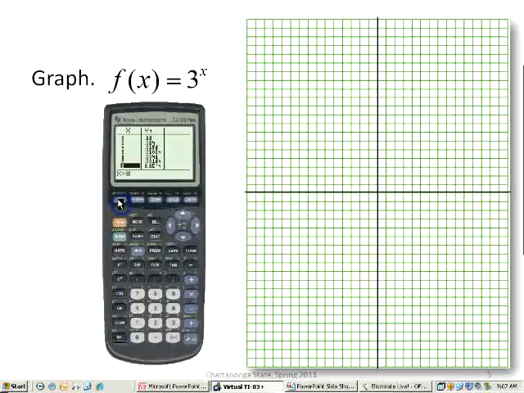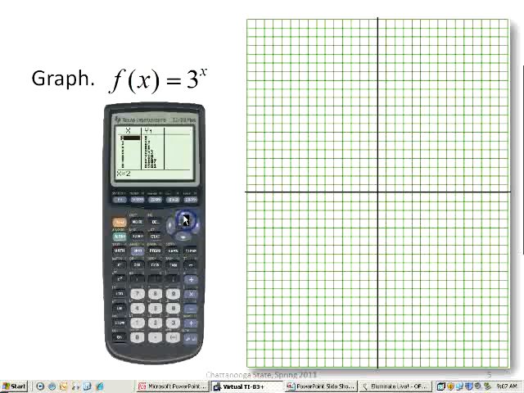And I want to put my function into my y equals screen. So I go to y equals, and I clear whatever's in there. And then I just type 3 raised to the x power. What I want to do is get some ordered pairs so I can plot these points on my graph.